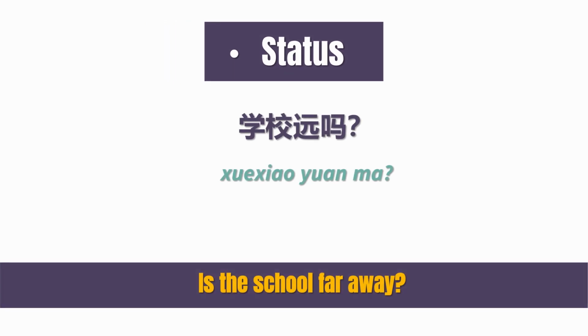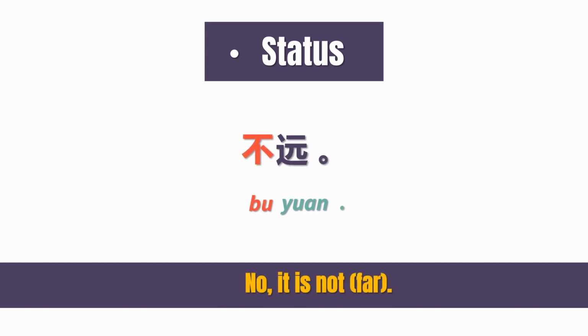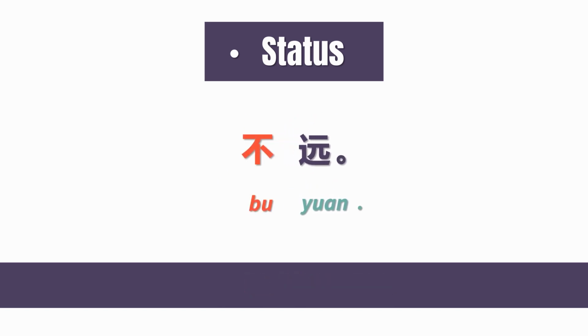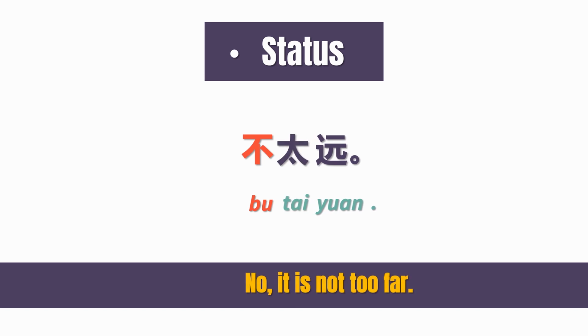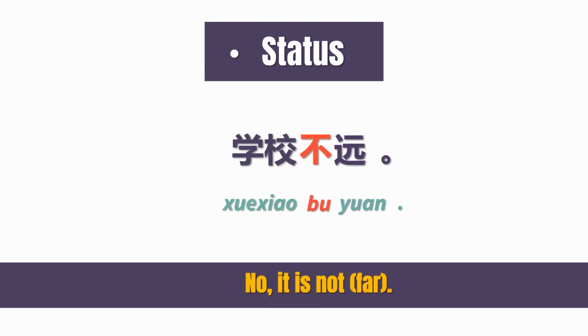Is the school far away? 学校远吗? And the no in Chinese is 不远 or 不太远. Of course, full sentences are always an option, such as 学校不远.